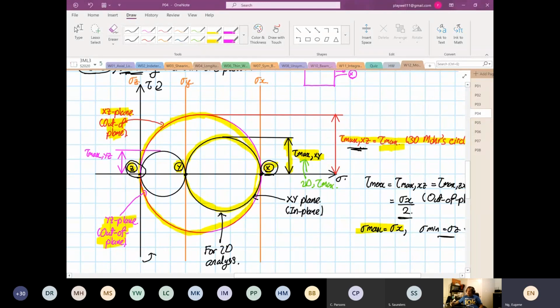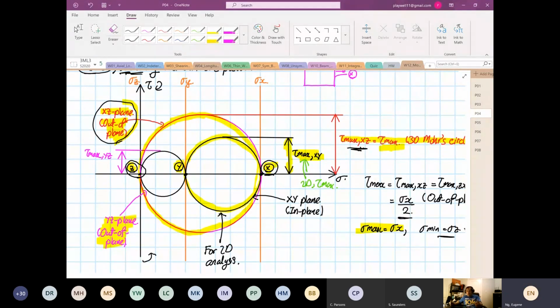And the maximum shear stress is no more in plane. As you can see down here, the maximum shear stress is out of plane. And this is why the 2D Mohr circle is to understand the mechanics of Mohr circle.